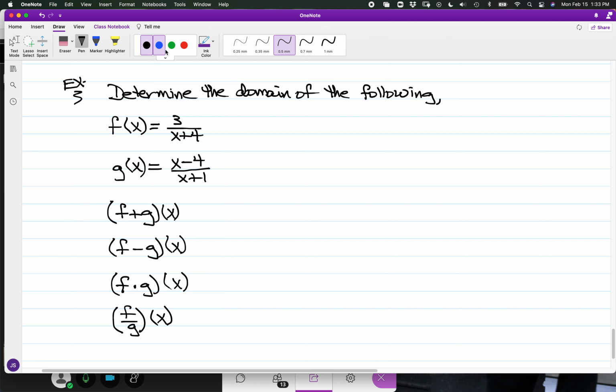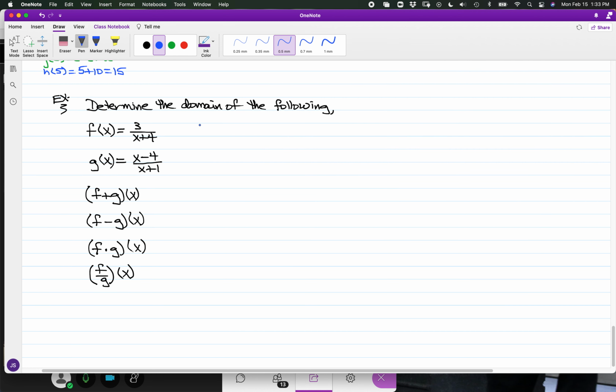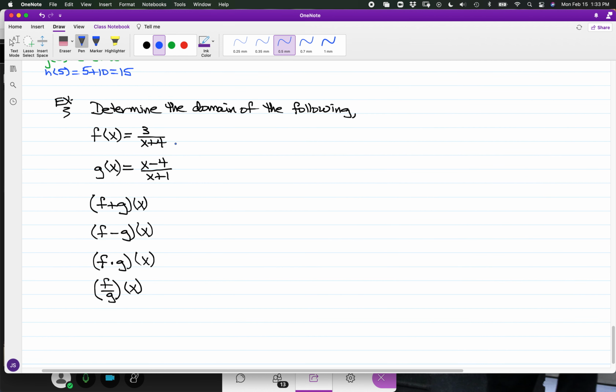Okay, so just starting out, for f of x equal to 3 over x plus 4, again, we have a rational function, and for a rational function, we cannot have a zero-valued denominator, so x plus 4 cannot be 0, so x cannot be negative 4.